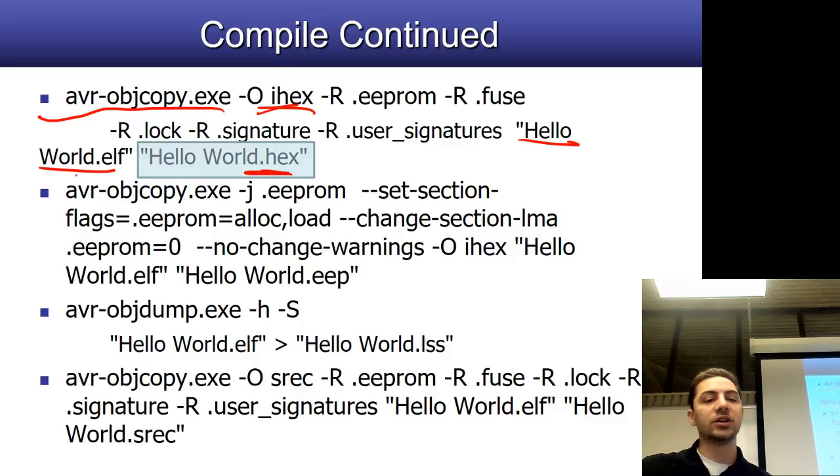It also does one additional step. There's an additional type of non-volatile memory on the 328P called EEPROM. Does anybody remember what EEPROM was? What was it? Electrically erasable. So it needs a little bit of circuitry, which is inside of the 328P, and it can be erased and rewritten.